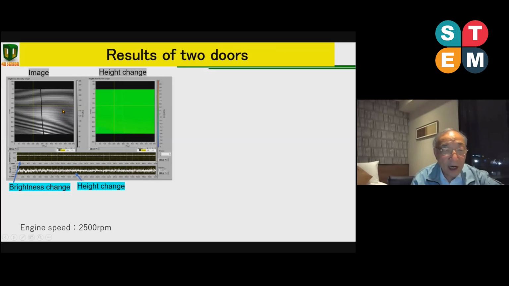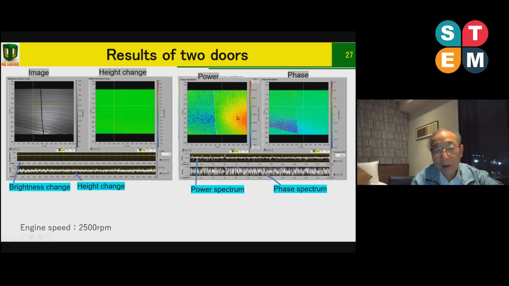This is a door vibration measurement. This is the front door, and this is the back door. The height change at first is uniform, but by vibrating at 2500 RPM, in such a case, the amplitude of the vibration in the front door is very large, but the back door's amplitude is very small.